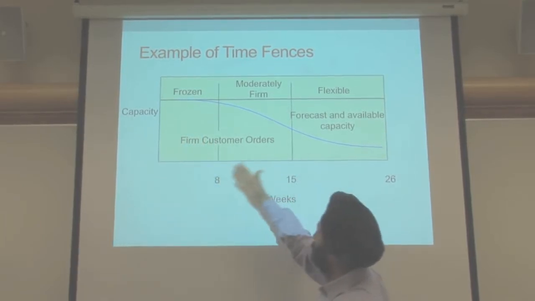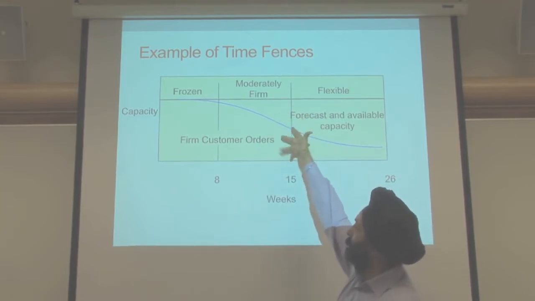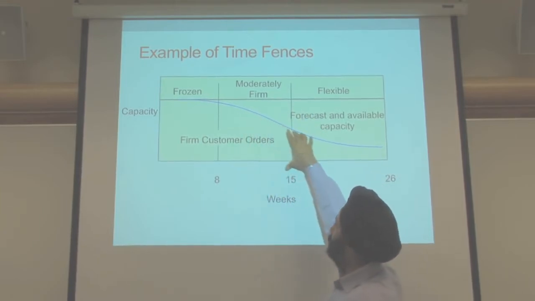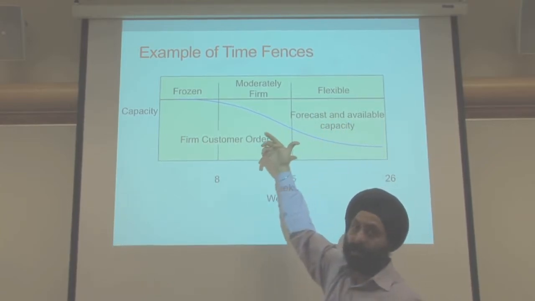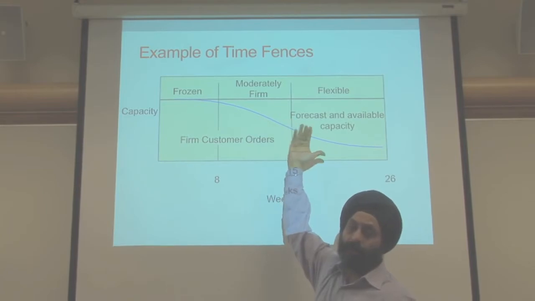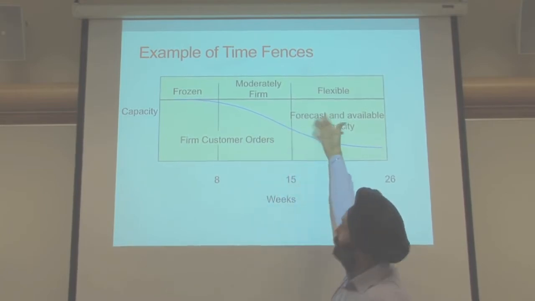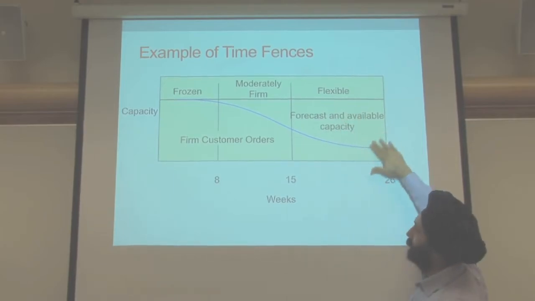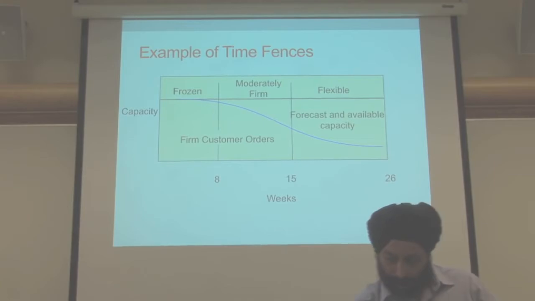But the further down in the future we go, there is some flexibility that is still available. So the firm customer orders will decrease, but forecasted and available capacity, recall our discussion of capability to promise or available to promise. That's the top portion right here. And the further down in the future you go, the more flexibility is available.